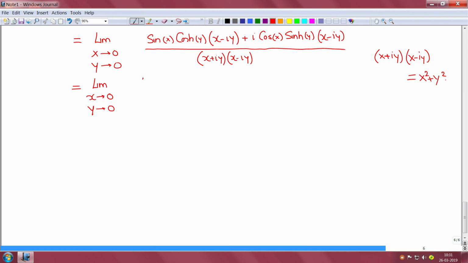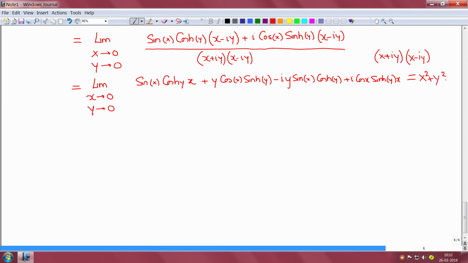So we have sin x cosh y into x plus y cos x sinh y, minus i y sin x cosh y plus i cos x sinh y into x.